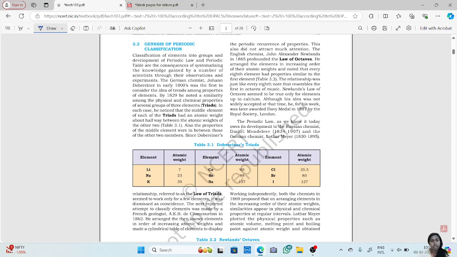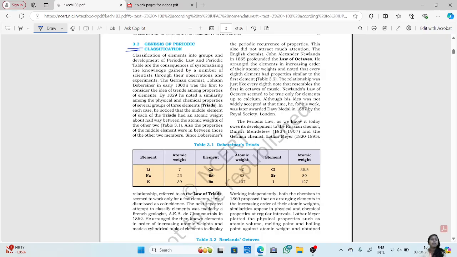Genesis of periodic classification. Now, what is the genesis of periodic classification? How the classification started in the initial period. Classification of elements into groups and development of periodic law and periodic table are the consequences of systematizing the knowledge gained by a number of scientists through their observations and experiments.